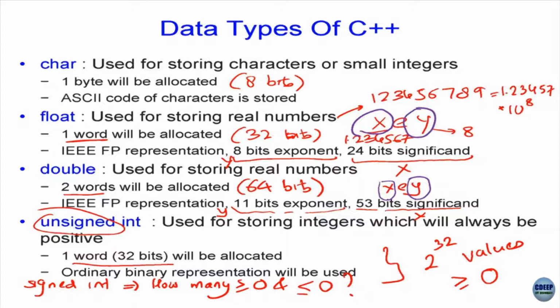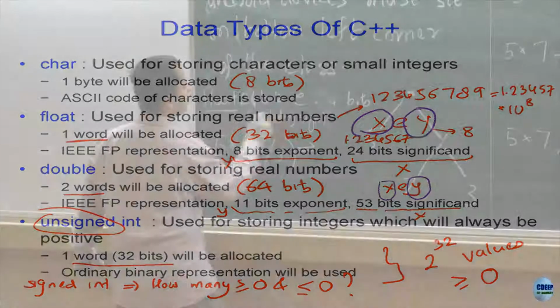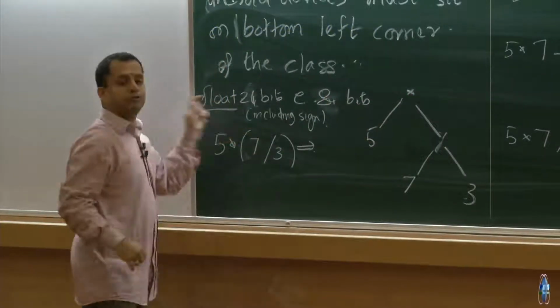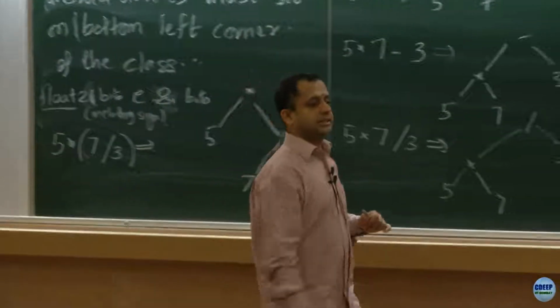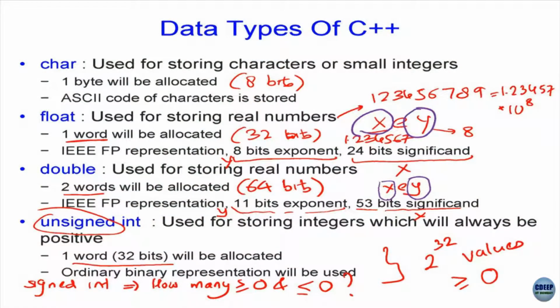On the board I reversed these two. 8 bits in the exponent, 24 bits in the significant. So though we write it as 8 bits, 24 bits, it's basically X, E, Y, where X can be up to 24 bits and Y can be up to 8 bits.